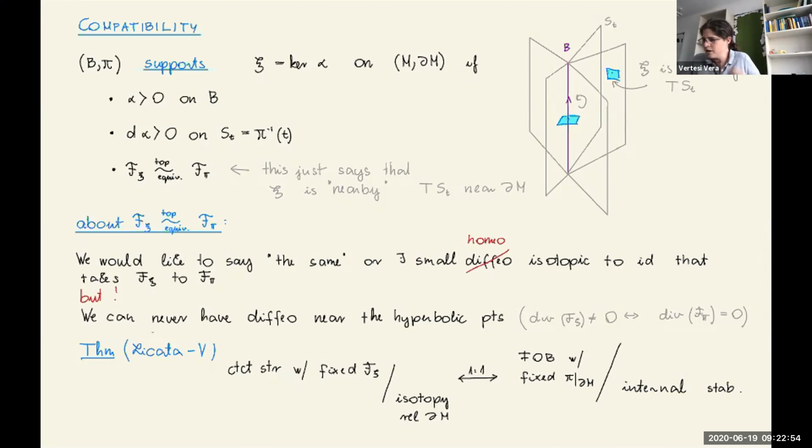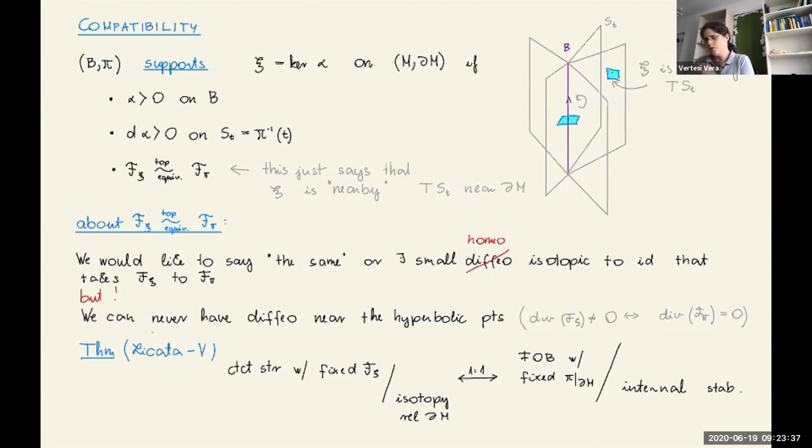And then we have proved for these structures that if you have a contact structure with a fixed characteristic foliation on its boundary, and this fixed characteristic foliation looks like an open book foliation, meaning that there is a pi for which it's the level set, then you can construct a foliated open book for it with a fixed boundary, and then isotopies of this contact structure are giving you the same foliated open book.